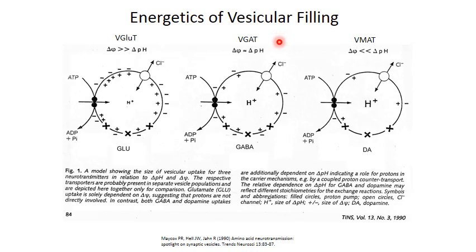On the other hand, the vesicular monoamine transporter utilizes the pH component much more than it does the delta psi component. And that's because the large hydrogen ion concentration inside the vesicle also acts to eliminate weak acids, but to attract weak bases into the vesicular lumen.